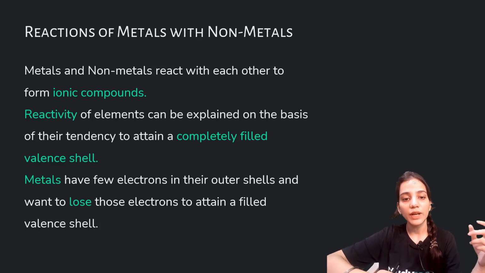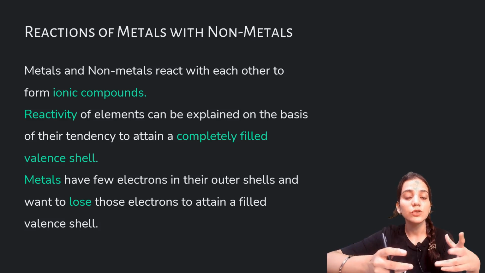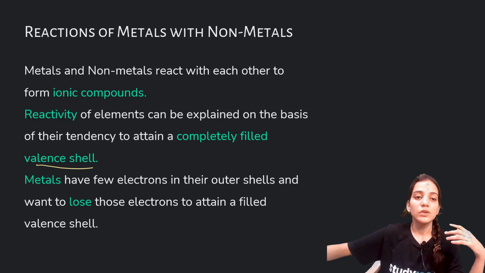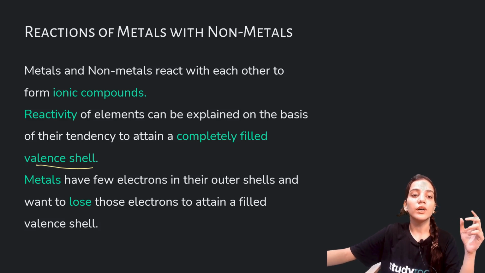Reactivity of elements can be explained on the basis of their tendency to attain a completely filled valence shell. So how can we determine the reactivity of an element? How many electrons are present in the valence shell of that particular element determines the reactivity of that element.